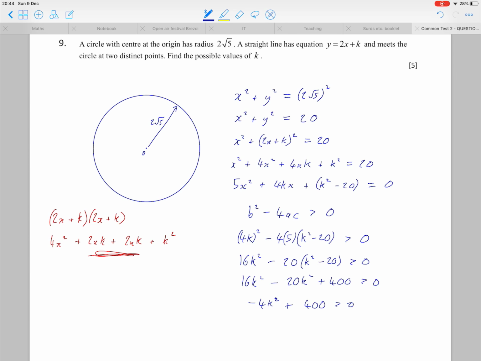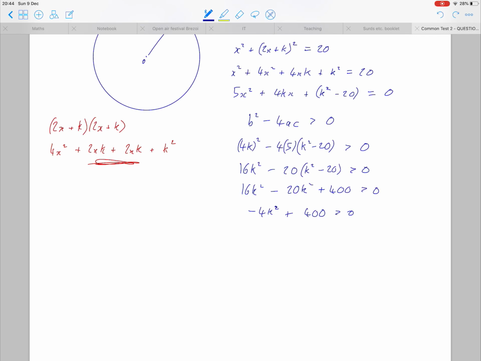We could divide by 4, but I'm first going to take my negative k squared term to the other side of the equation. Be careful dividing by a negative, because if you divide by a negative with an inequality, you'd have to change the direction of the inequality, which we could do, but I prefer to do this because it's much more obvious what I've done.